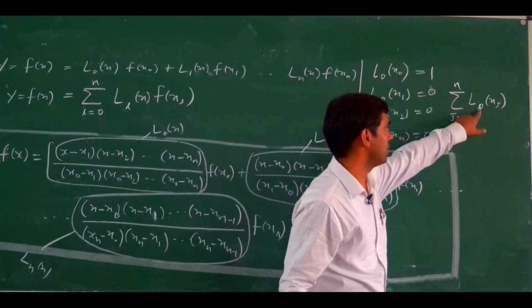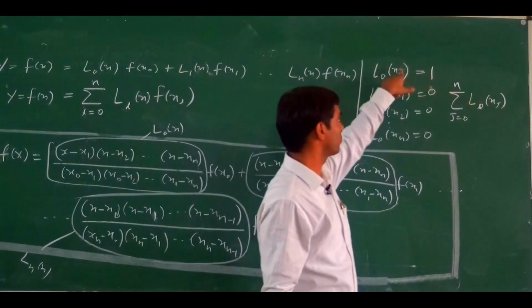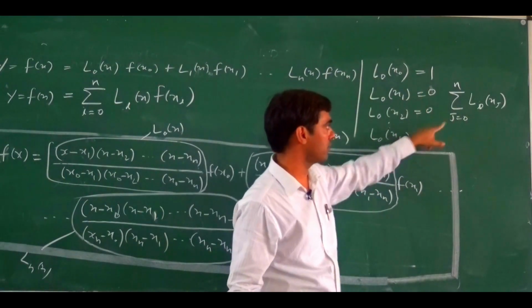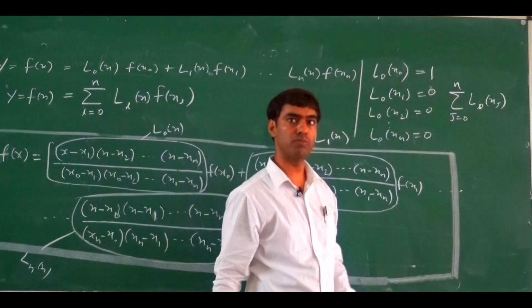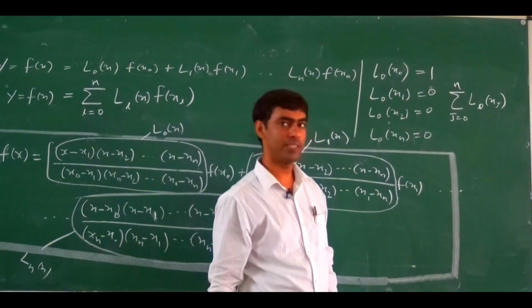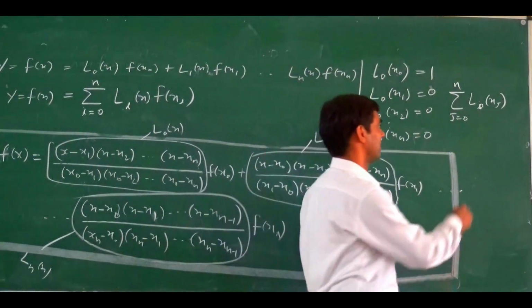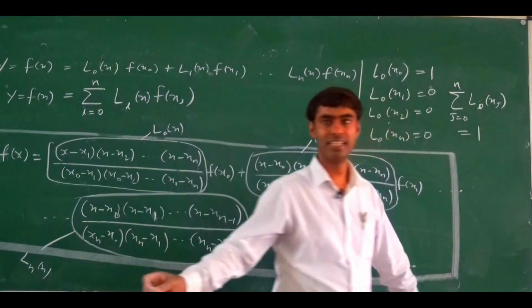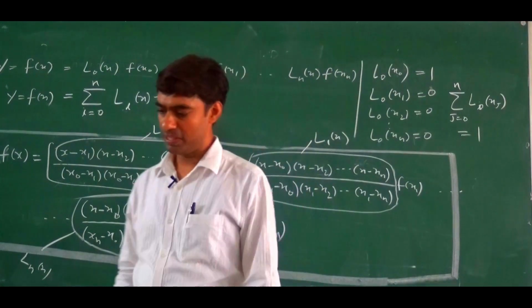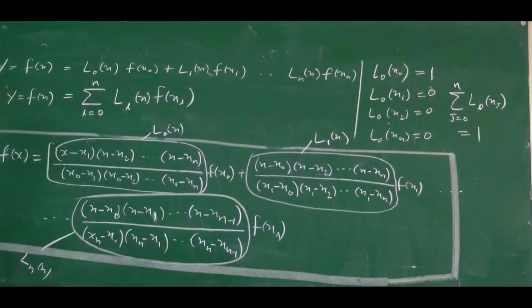If the value is for x0, then this one is 1, and for all other values from 1 to n, this one becomes 0. So the value becomes 1. This is a property of the Lagrange multiplier.